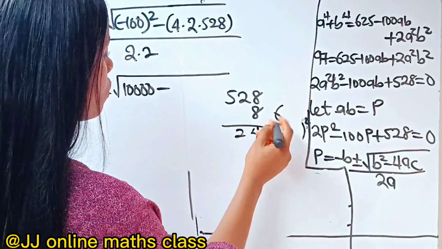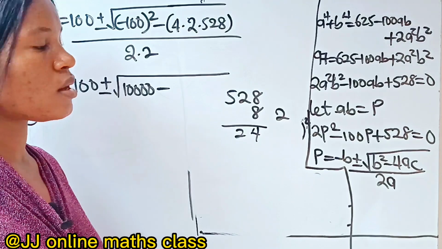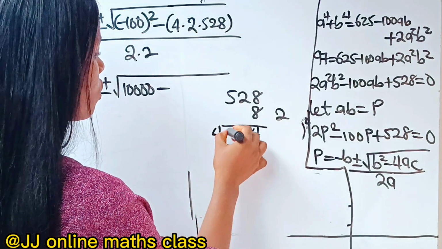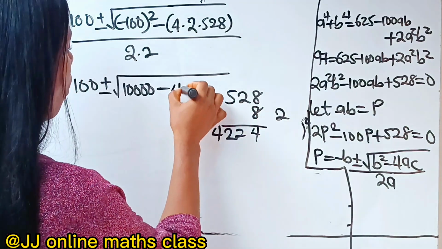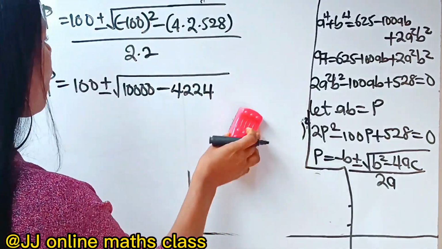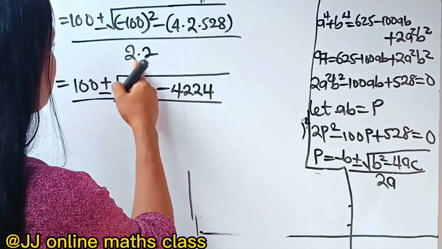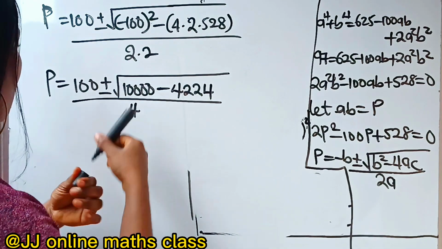So we write 2 and carry 2. 8 times 5 is 40, plus 2 is 42. So we have 4224. So minus 4224. Now divided by 2 times 2, which is 4. All right. Now let's solve.